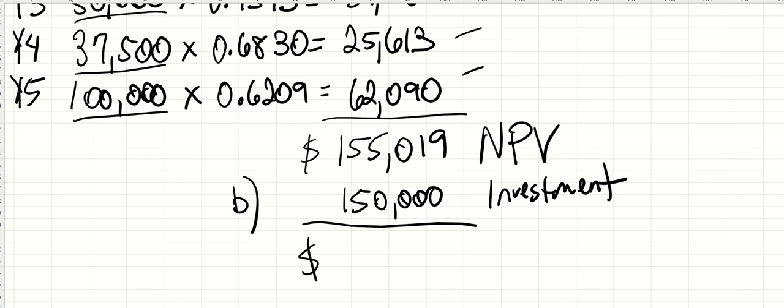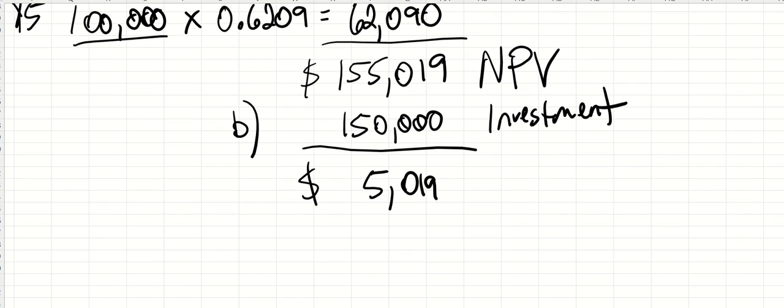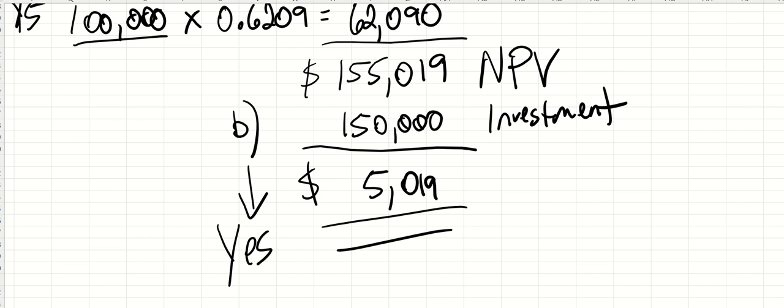And since our net present value is greater than the investment here, and this comes out to be $5,019, this is a positive here. Yes, the answer is yes. They should purchase the machine because the net present value is greater than the cost of the machine, which is the initial investment of $150,000.